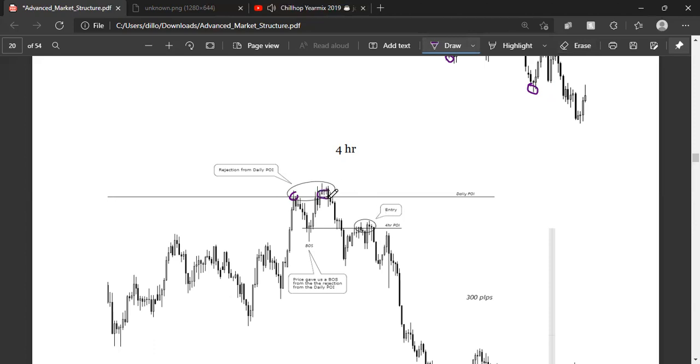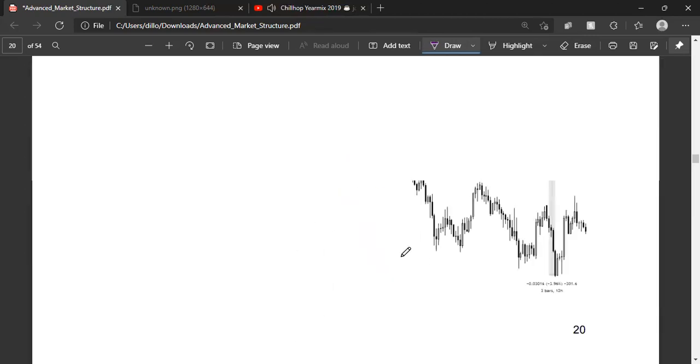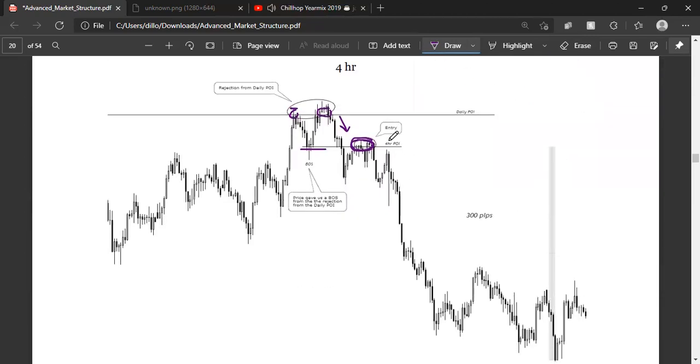So price comes back up, grabs that liquidity, and then breaks that structure to the downside. So price retraces back into that previous broken structure, and this is where our entry can be. This is where we capitalize on it.